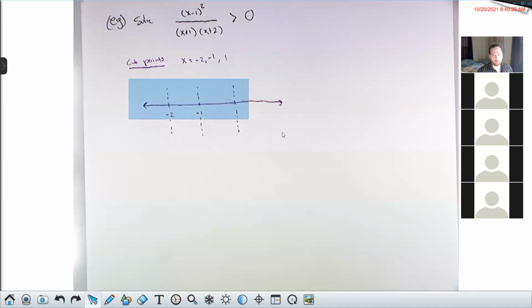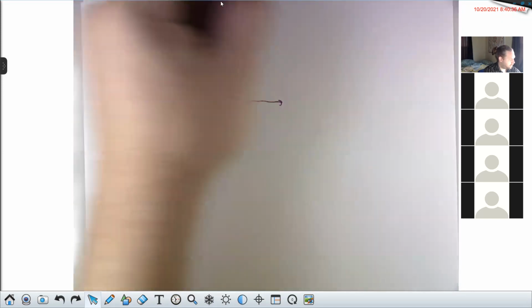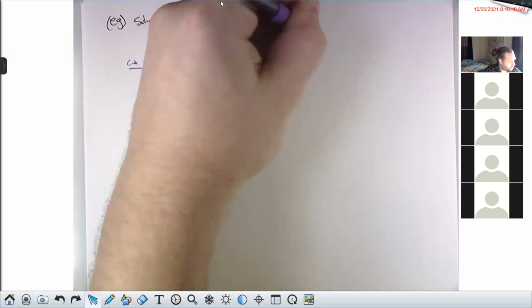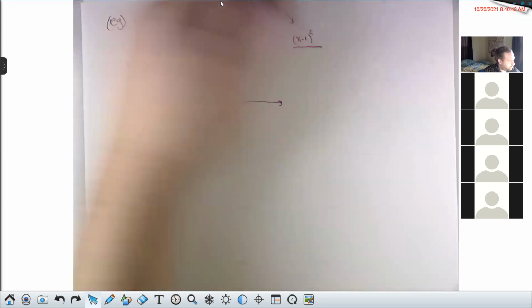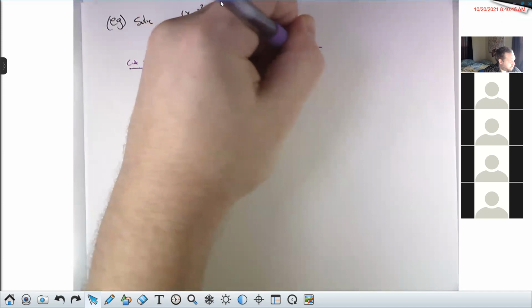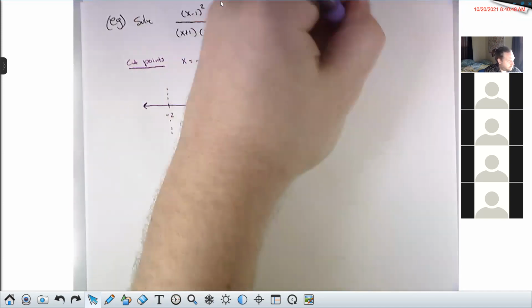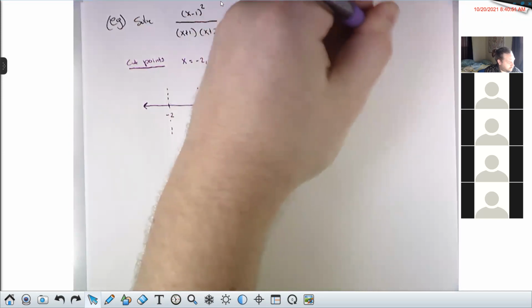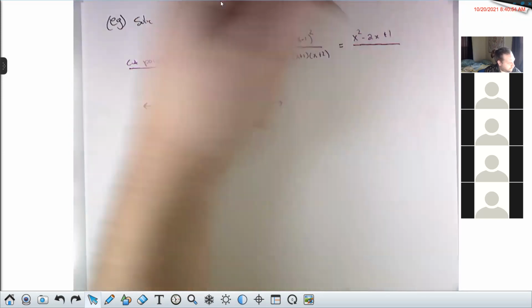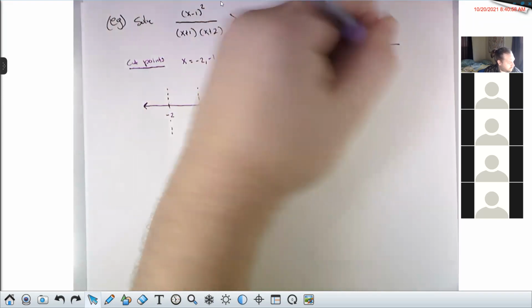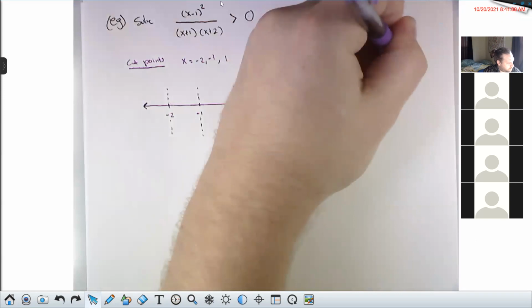Again, I need to know the sign in one of these regions to get started, and then I can use my multiplicity trick. So I think it might be worthwhile to note that (x minus 1) squared over (x plus 1) times (x plus 2) is the same as x squared minus 2x plus 1 over x squared plus 3x plus 2.